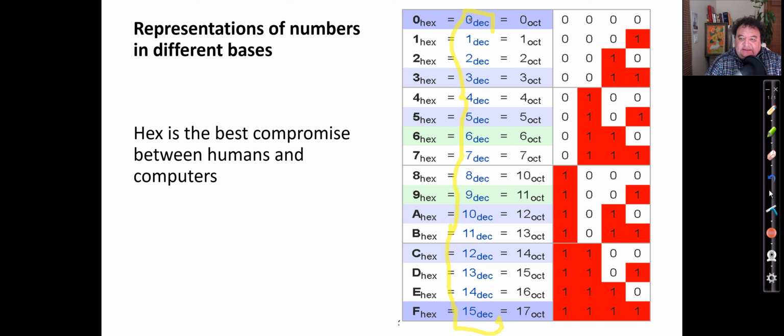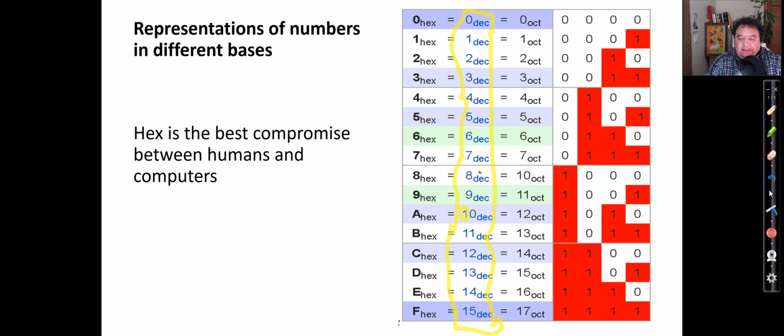But the key is that you have 10 symbols, 0, 1 to 9. Then when you run out of symbols, you go back to 0 and add in the next column a 1, and then you start going through the numbers again. Then when you get to 19, you go to 0 and so on. While the number of symbols can change, the technique of counting is effectively the same. It's just that you run out of symbols at different numbers.